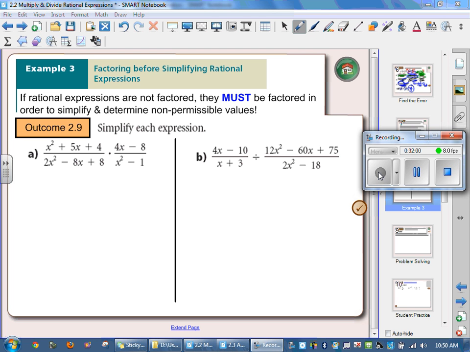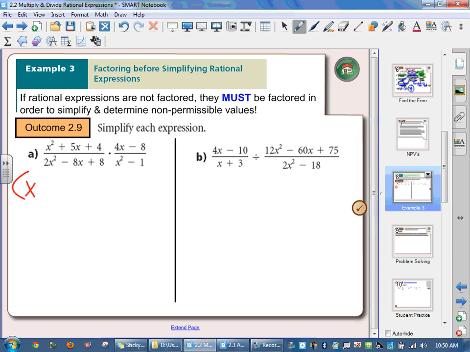Okay, that's the left-hand side of my top. On the bottom, they all divide by 2. So divide your bottom by 2 first. Then we get an x squared minus 4x plus 4. Okay, we're going to further factor that in a moment. Then we're going to factor the right-hand side of that expression.